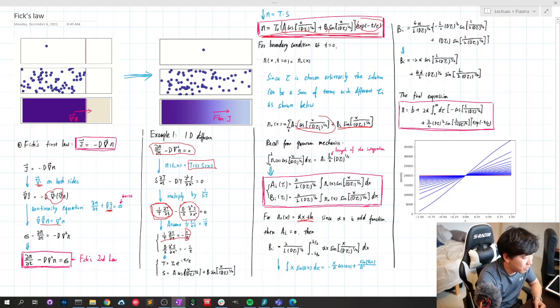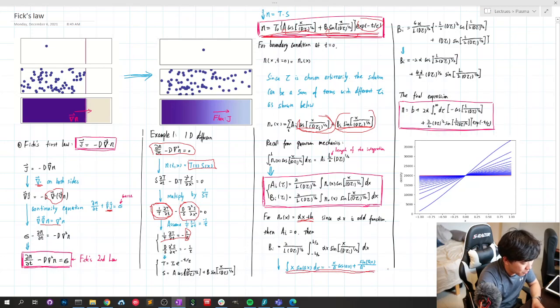Pretty much this solution has an even term, cosine, and an odd term, sine. So we can do the integration and end up finding this.